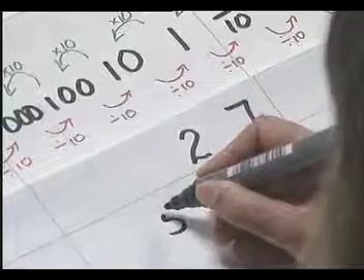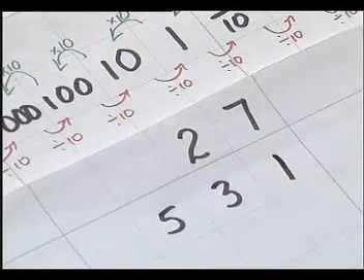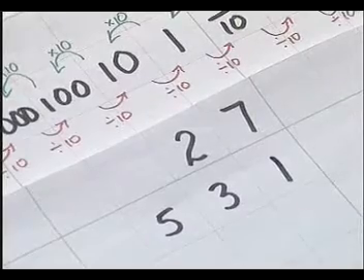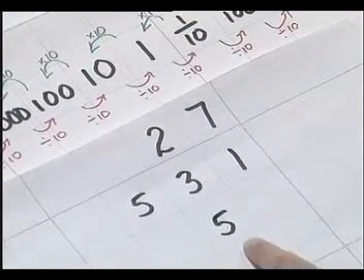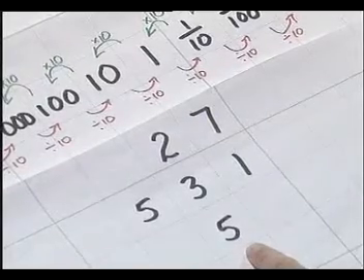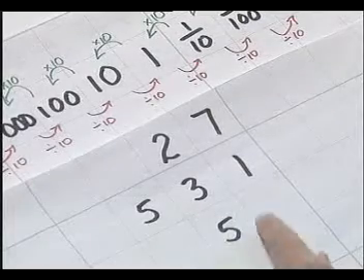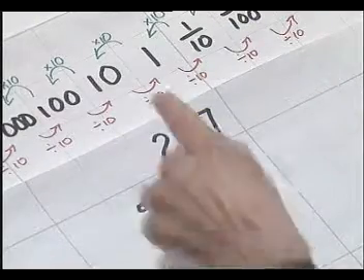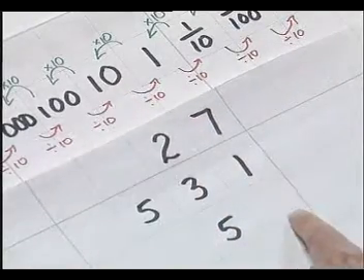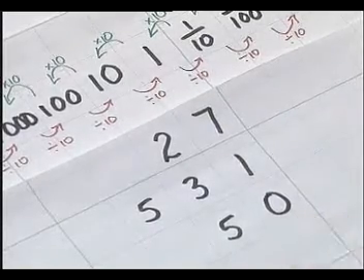So we've got 5 hundreds, 3 tens, and 1 unit. What about 50? Well, 50 is 5 tens. But we can't just leave it as a 5 because that could represent, as it stands now, 5 units. We need to hold the place value of this 5 because it's in the tens column. So what we need to do is to put a 0 in the units column. So our 50.